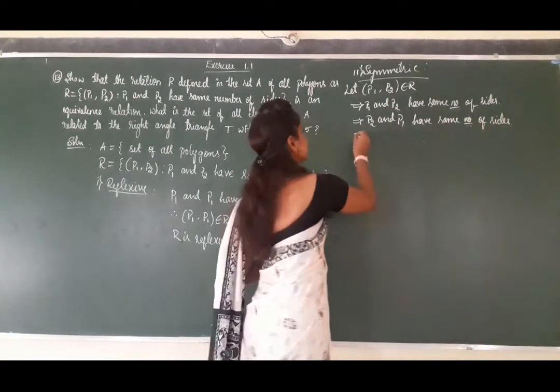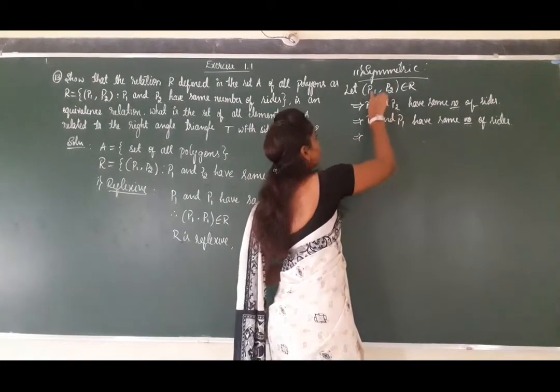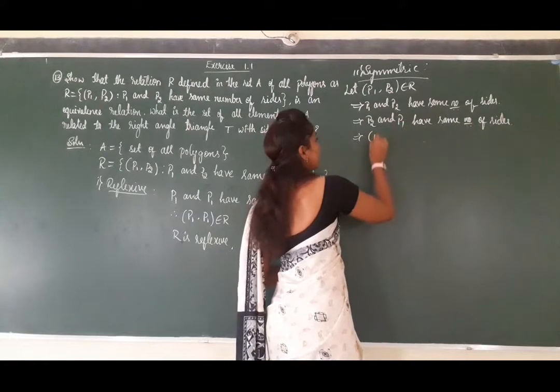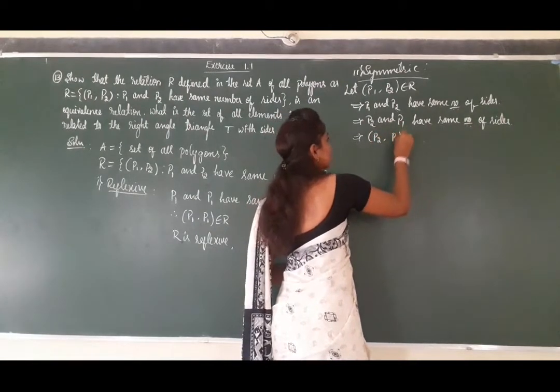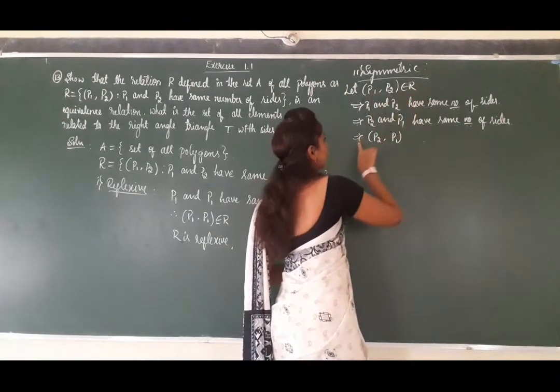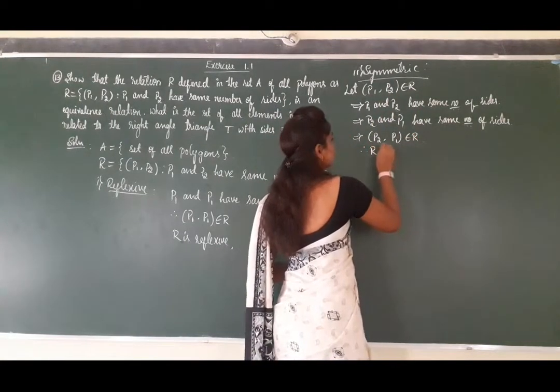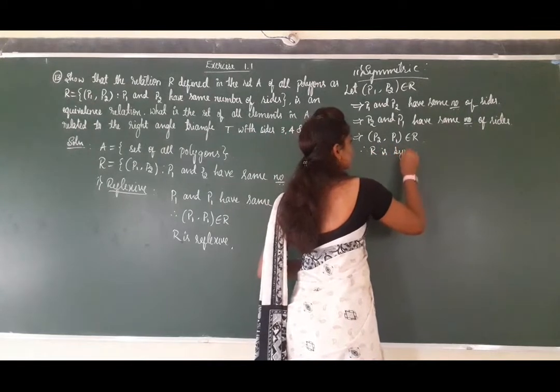This implies (P2, P1) belongs to R. P1 comma P2 belongs to R implies P2 comma P1 belongs to R. Therefore, R is symmetric.